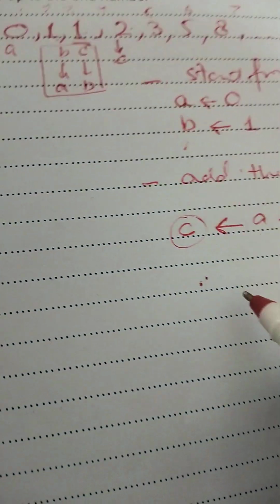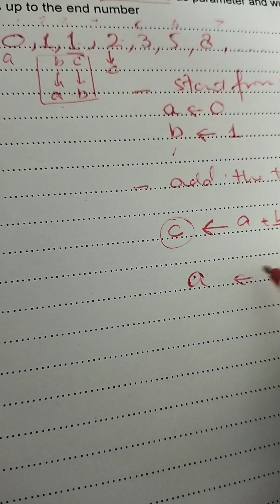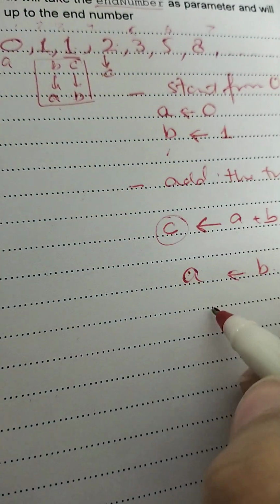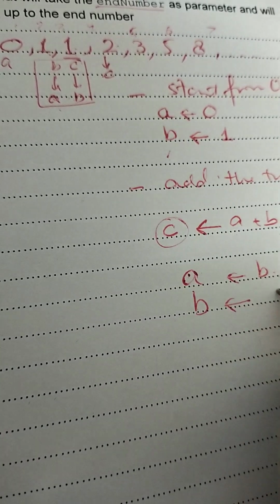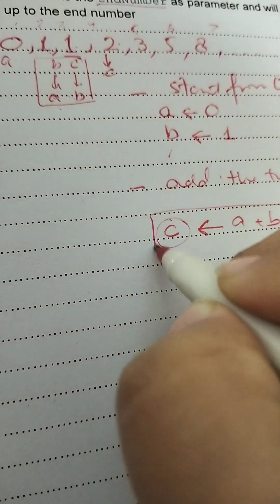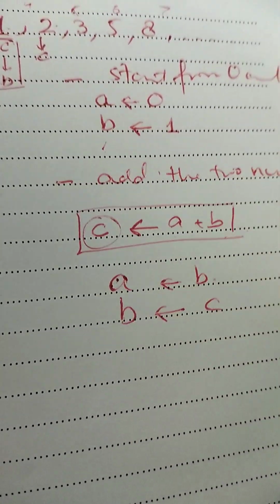B becomes A, that means A is assigned B, and C becomes B, that means B is assigned C, because we want to use the same equation every time.